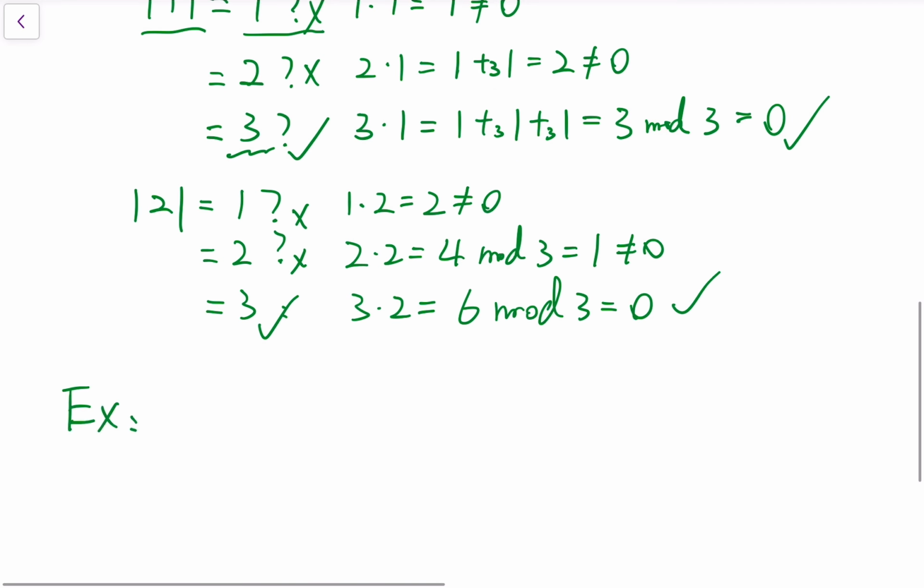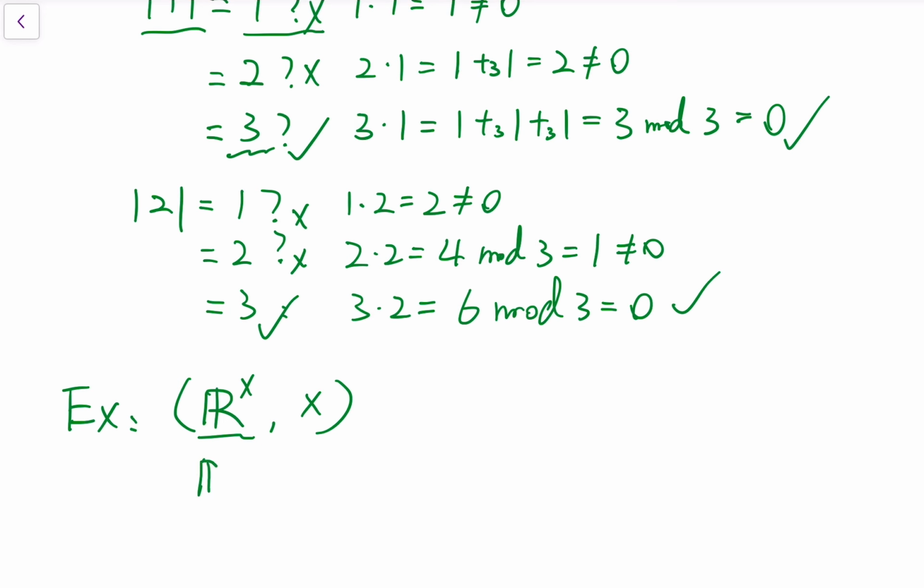For example, if we look at the group where the set is R cross, under the multiplication operation, here R cross means the real numbers excluding 0.